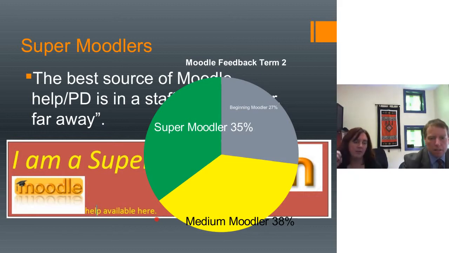So our beginning Moodler group is actually quite fluctuating, in terms of really new teachers to the school and teachers who are still learning, and that changes each term, and that's something that we have to keep on working on.